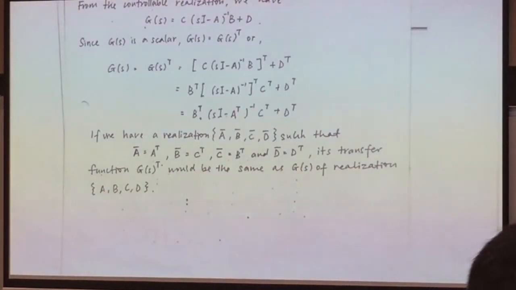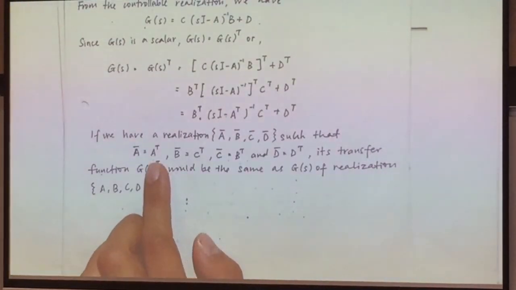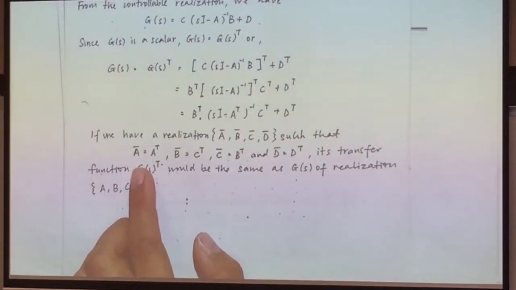Alright, essentially, what we are telling you here is A, which is the state matrix for your controllable canonical form, you do the transpose. You get the state matrix for your observable canonical form. Okay?